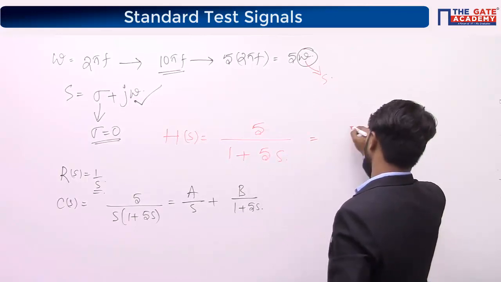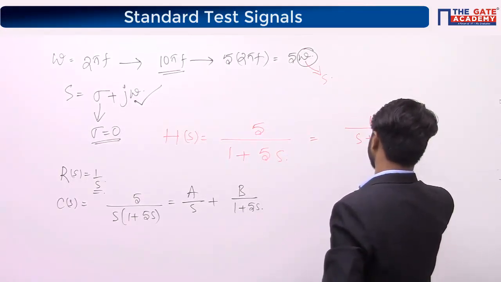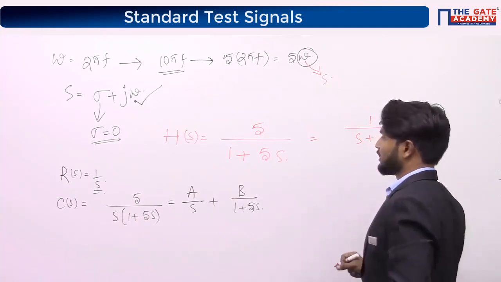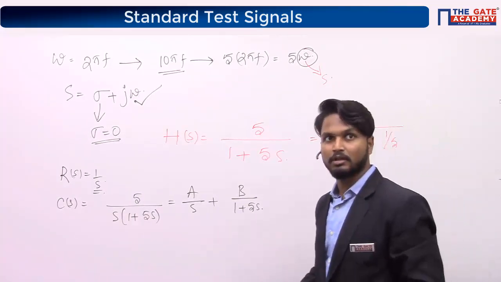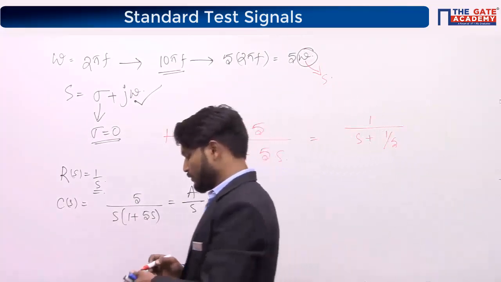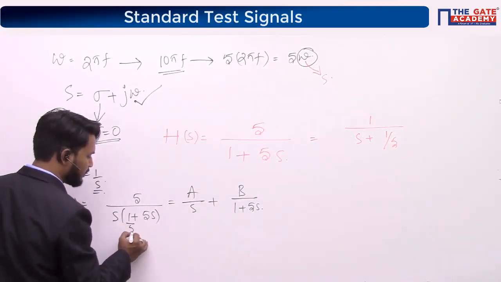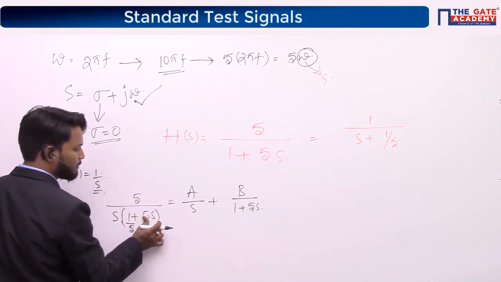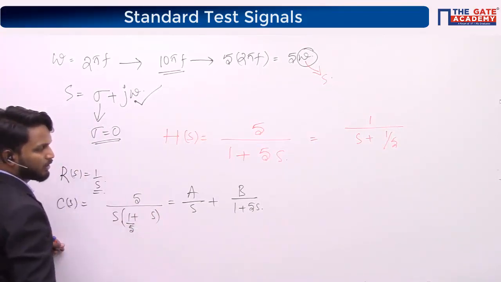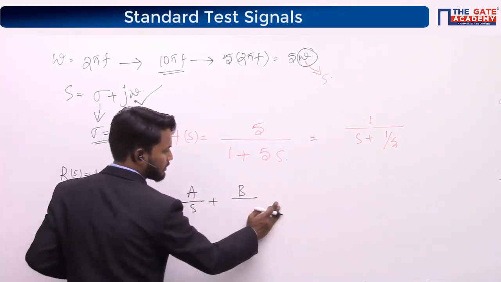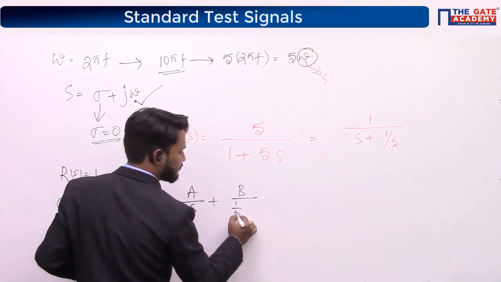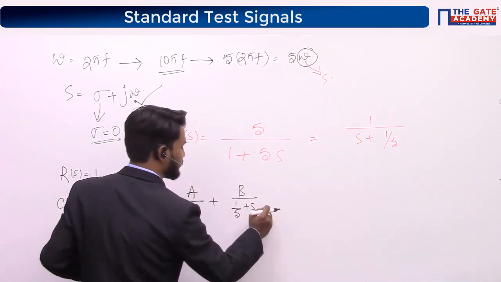You will get 1 by s plus 1 by 5, right? In this manner also you can do it. So if you convert this in pole zero form, it will be easy for you to find out this Laplace inverse.